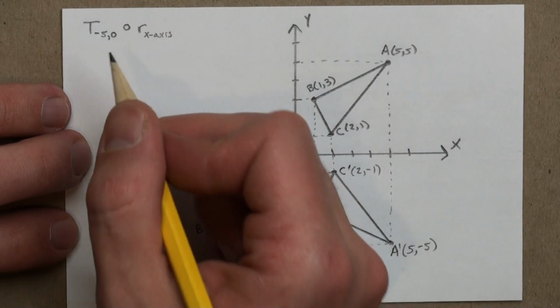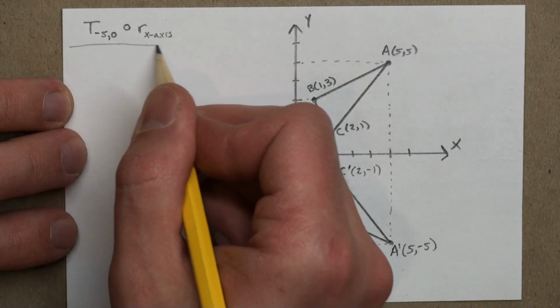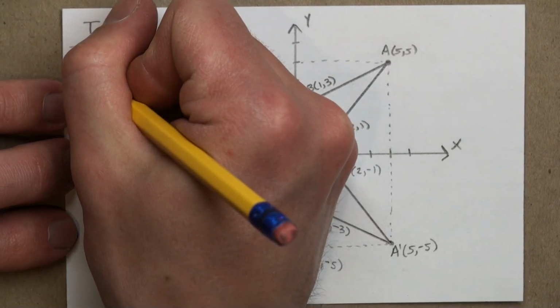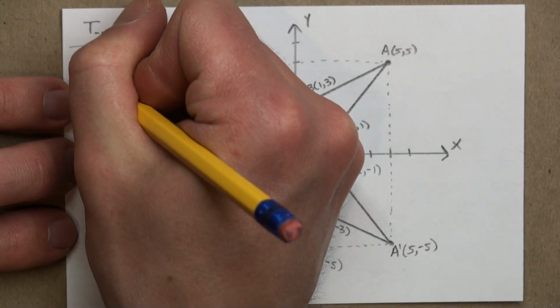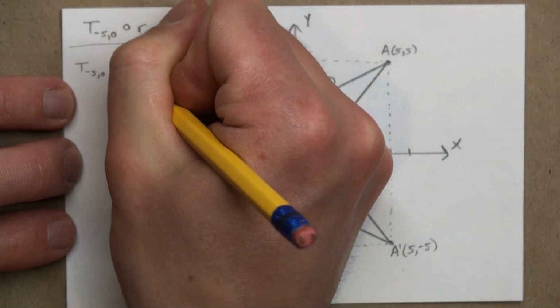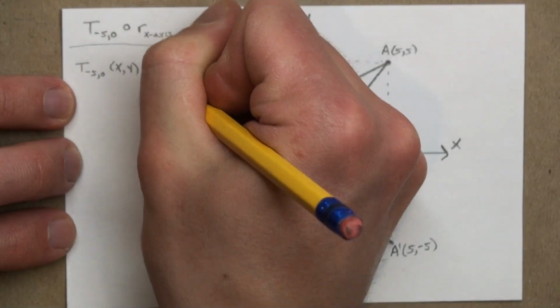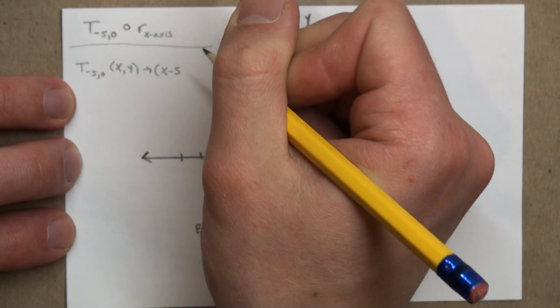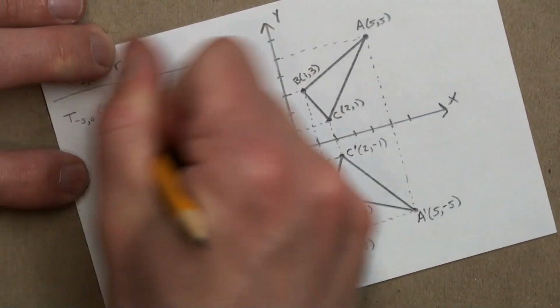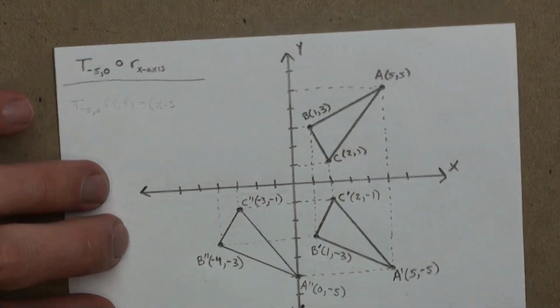Okay? So let's see how we can work this out. First we had a translation of negative 5 comma 0, which takes all my x comma y's and turns them into x minus, oh, that was second, right? Already messing yours up. The reflection goes first.